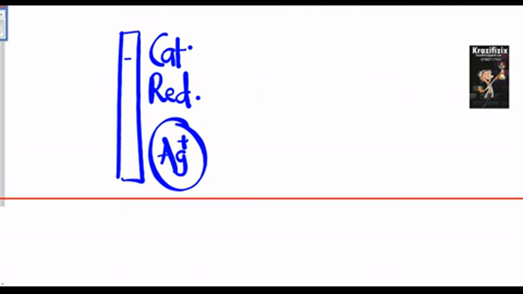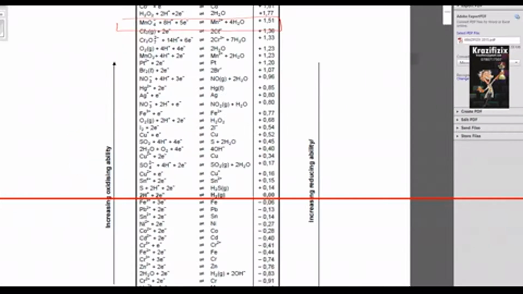Now the question again is, we've got two things here. We have Fe and Ag. We need to go back to our table and check which one is a stronger oxidizing agent and which one is a reducing agent. We've got silver here. That was quick. Positive 0.8. Let's write that value somewhere there.